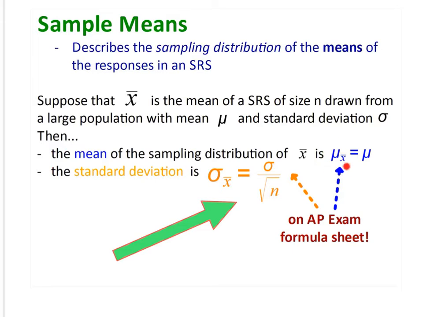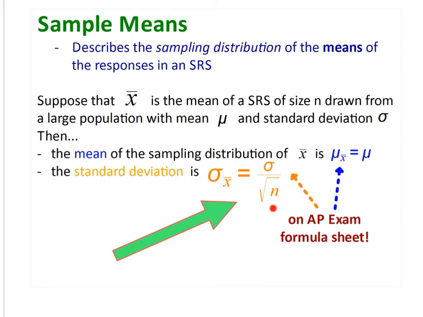So the mean does not change. Even though I take a sample, the sampling distribution mean is the same as my starting mean. But the standard deviation, or the spread, is going to change. The spread of my sampling distribution for means is my old standard deviation divided by the square root of n.